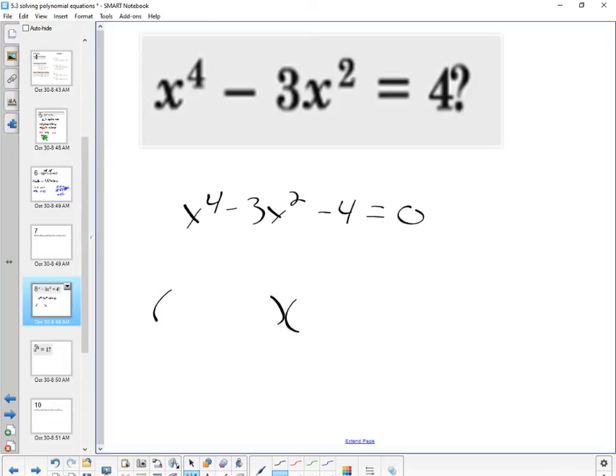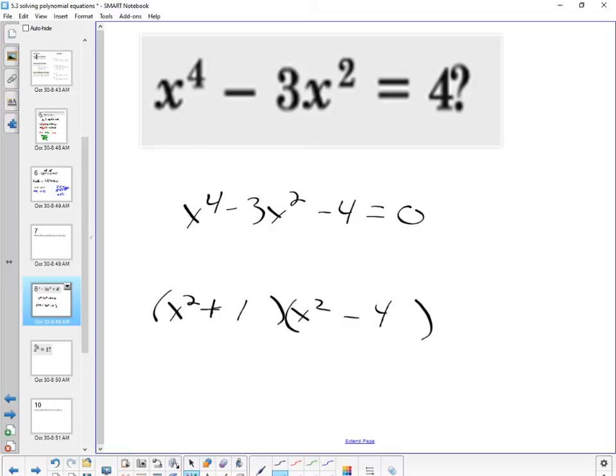All this is saying is that we're going to have x squared and x squared. What two numbers multiply to a negative 4 and have a difference of 3? It'd be 1 and 4, right? So 1, 4, that'll be negative, that will be positive. Can this piece be factored? No, this is the sum of 2 squares.